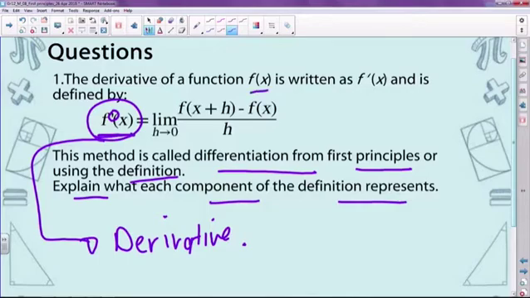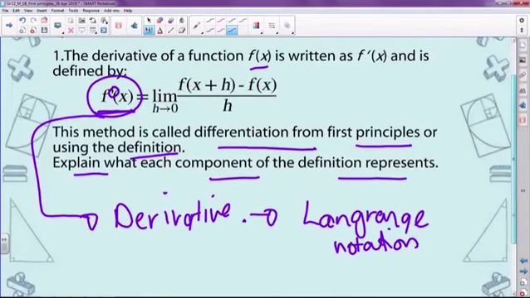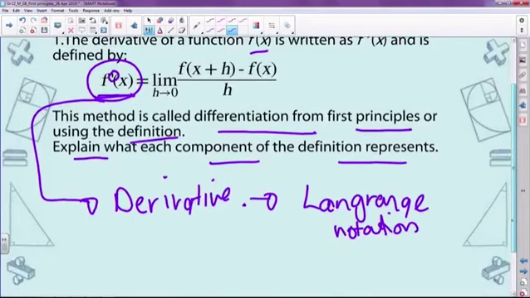And we call this Lagrange notation, and that's generally what you will see as f prime x. We read it as f prime x. It tells us we are taking the derivative of a function.